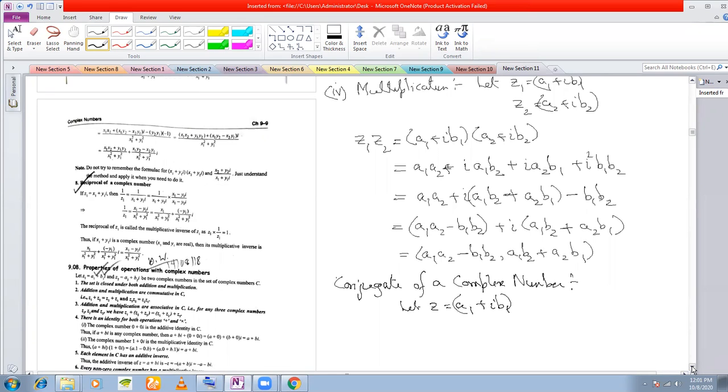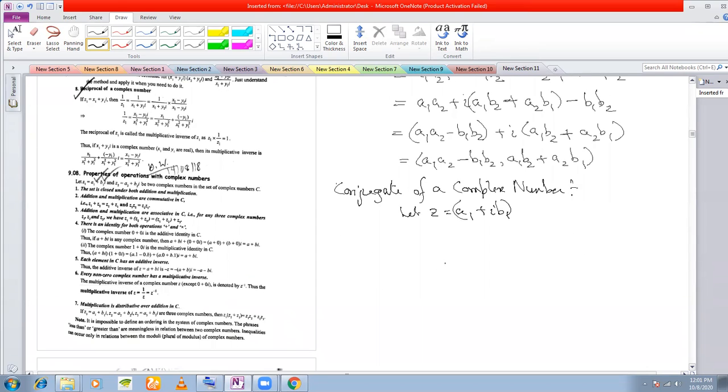You know that a1 is the real part and b1 is the imaginary part. So we write real part of z is equal to a1, and we write imaginary part of z is equal to b1.